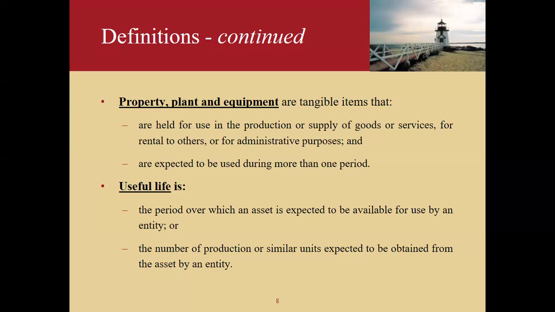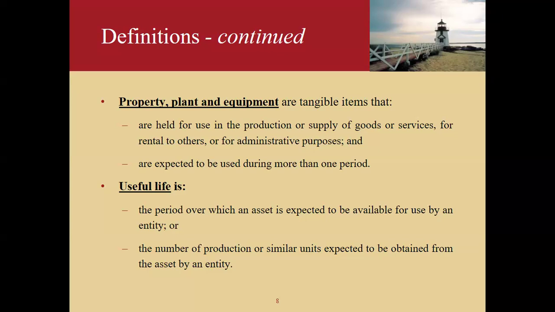So for an asset to be recognized as property, plant, and equipment, number one, it has to be tangible. Tangible means it can be touched, it can be felt, it is not in space. You can see it, you can touch it, you can feel it.